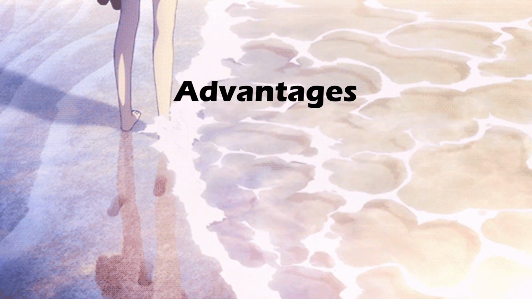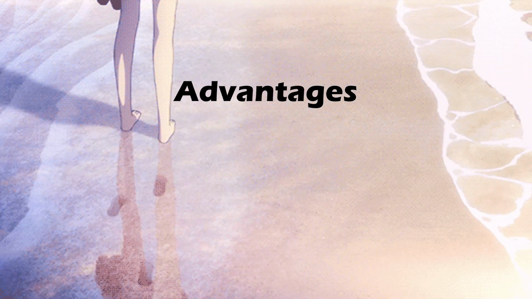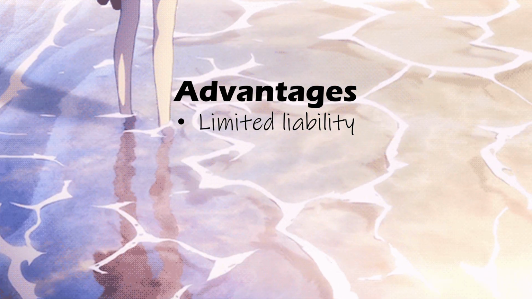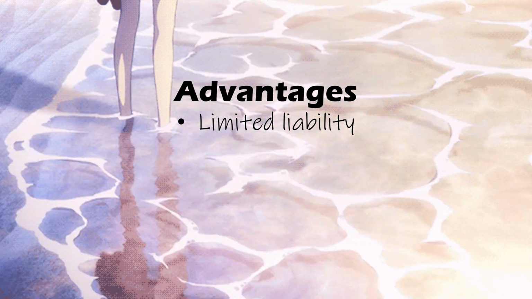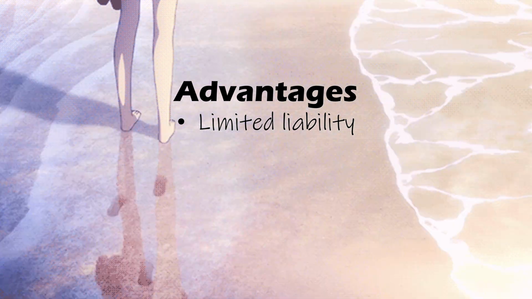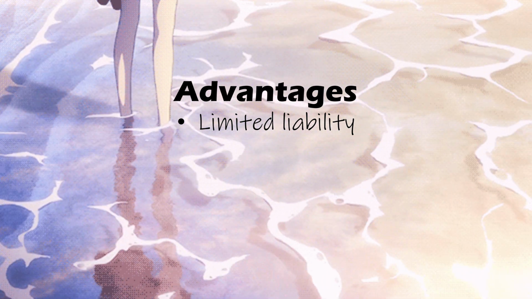The advantages of a corporation: limited liability. So the shareholders of a corporation are only liable to the amount of their investments. Going beyond that, the investors or the shareholders are protected.